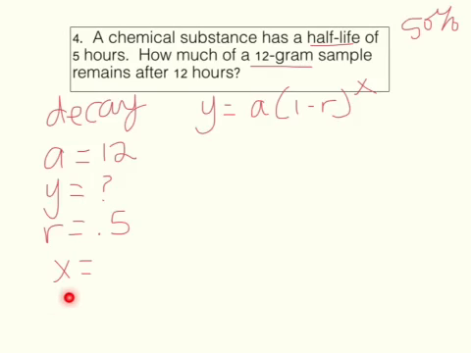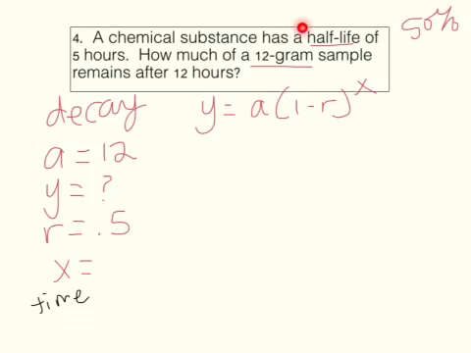Now let's go back to our x value, which is our time interval. Because it's cutting in half every 5 hours, that's one time part that we have to pay attention to. But we also want to know how much is left after 12 hours. So we've got to pay attention to both times.